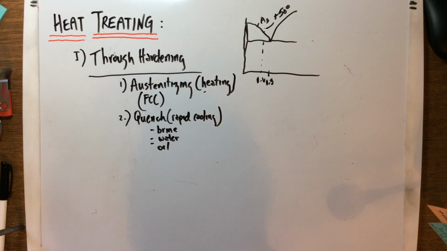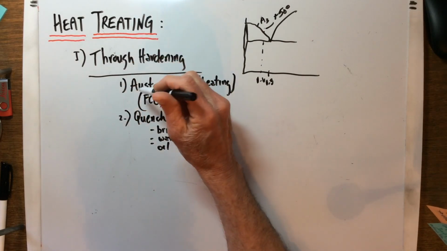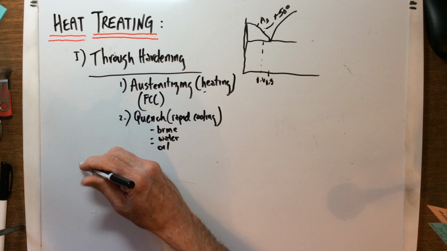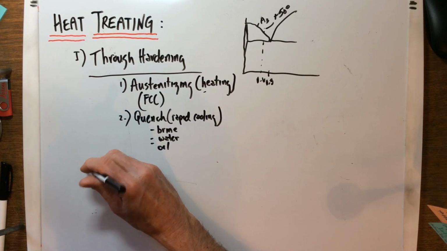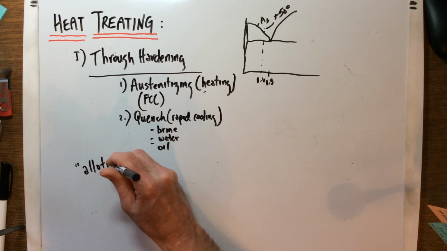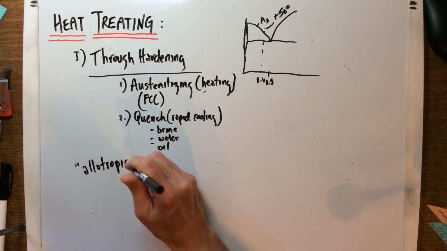Now let me throw this in here too, because all of this austenitizing and quenching, the hardening process here, is something we call allotropic. It goes back to iron being the allotropic element, as I mentioned a moment ago.